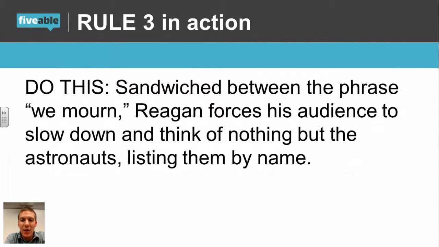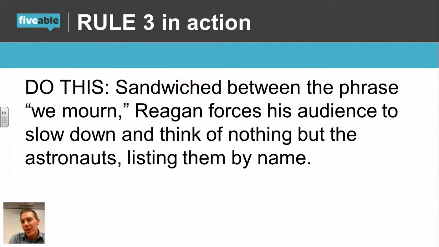Notice how I said sandwiched between the phrase "we mourn," and then I continue, I'm almost going to start analyzing here. Very quickly after this, I'll be able to unpack the reason why he uses the phrase "we mourn," but not just why he uses those two words, but why he does it, where he does it. And that's where you're opening up doors to much higher levels of analysis, much higher levels of critical thinking.